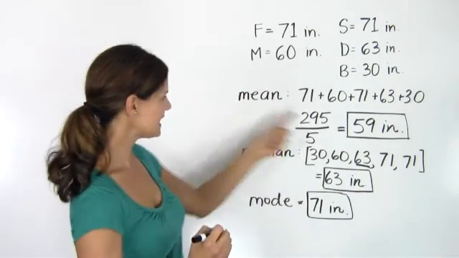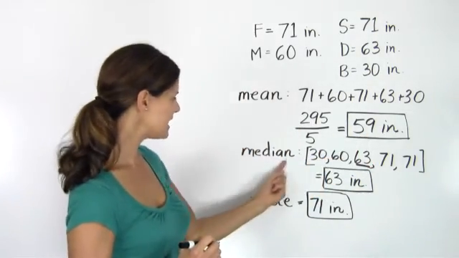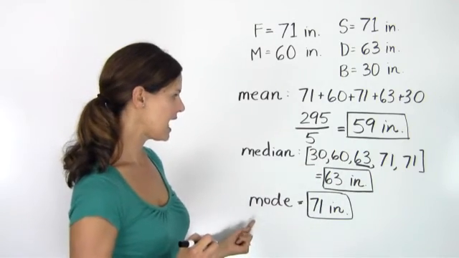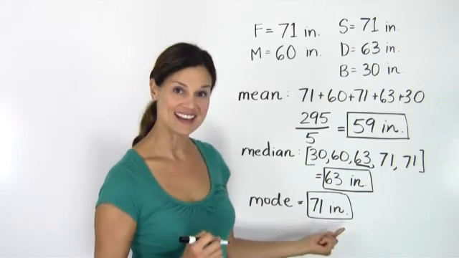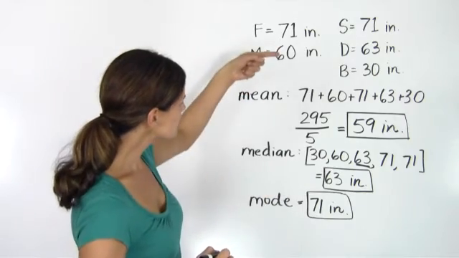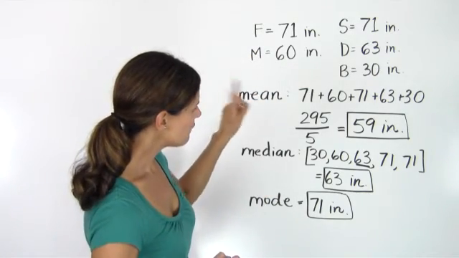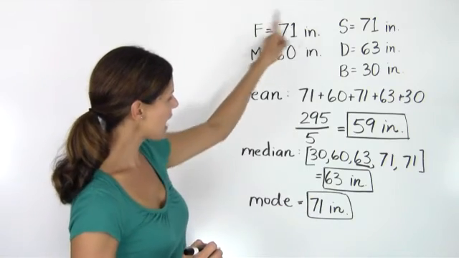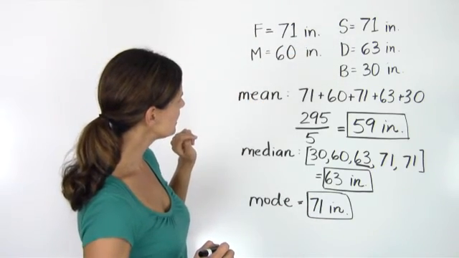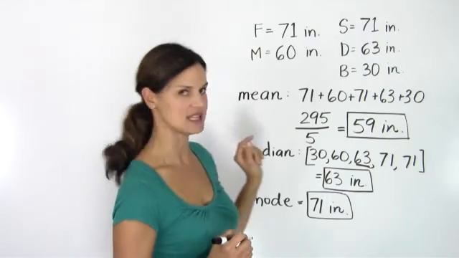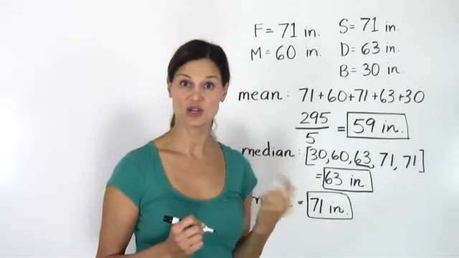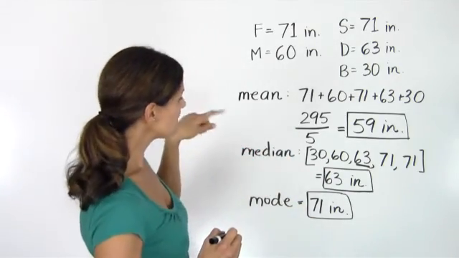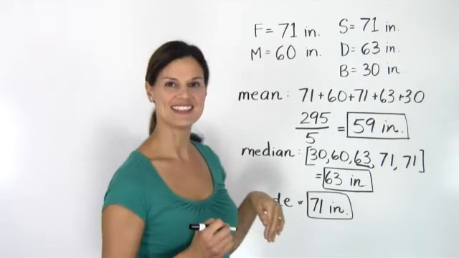Okay, so we've got a mean 59 inches, median 63 inches, and mode 71 inches. And notice how each method finds a completely different number to describe our set of values. So depending on the conditions and what information you're seeking, the different methods are more appropriate than others.